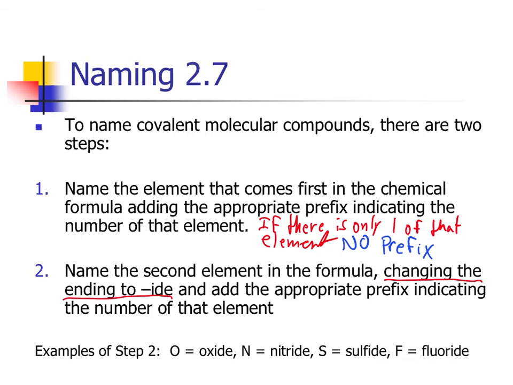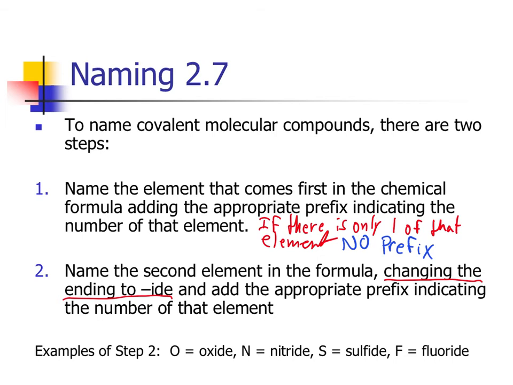Well, we have oxide, nitride, sulfide, fluoride. We can also have chloride, bromide, iodide, selenide, which is a little bit weird, but it's selenium with an IDE, carbide, nitride, phosphide. Okay, that was a weird one. Some of them are a little bit more unusual.